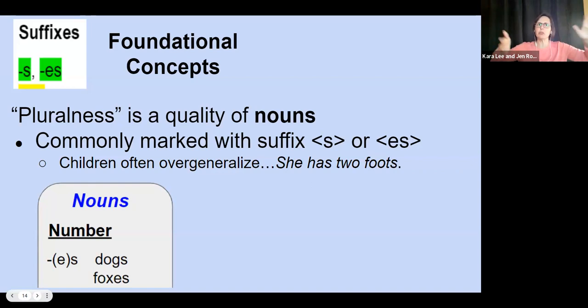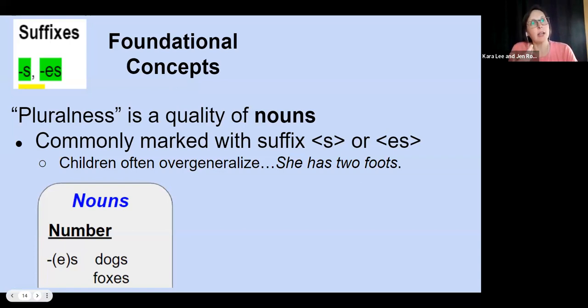But then they hear this thing happening to words in their spoken language environment. They hear people doing things to words that seem to make them mean more than one. And this is not conscious. No one sits down with their kid and goes, okay, Stella, when you add this particular sound at the end of a word, it usually makes that word mean it's more than one of that thing, right?